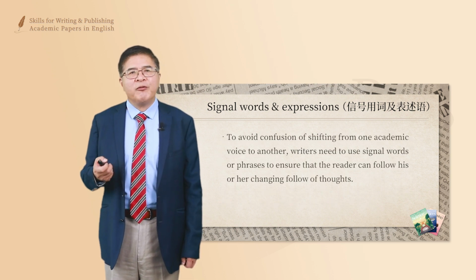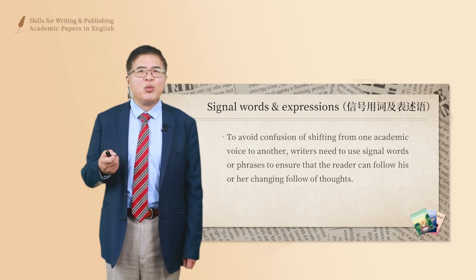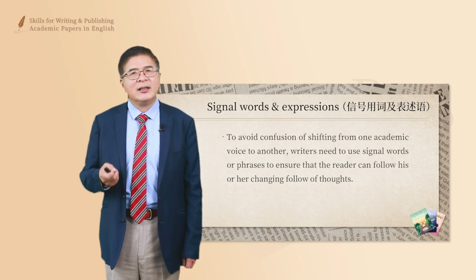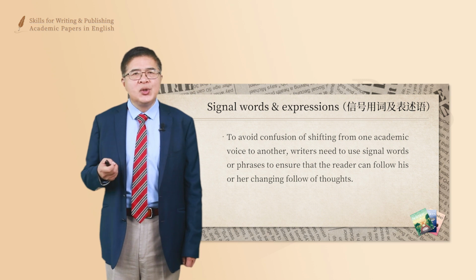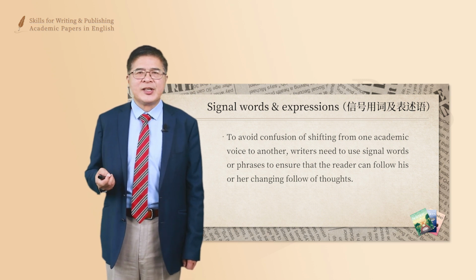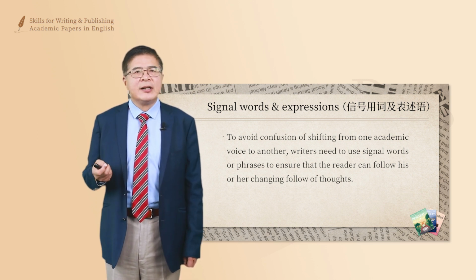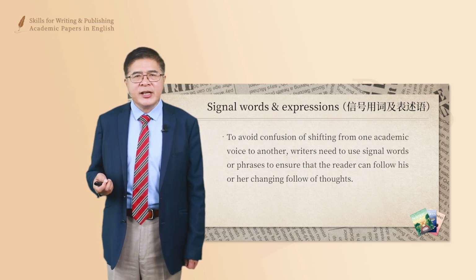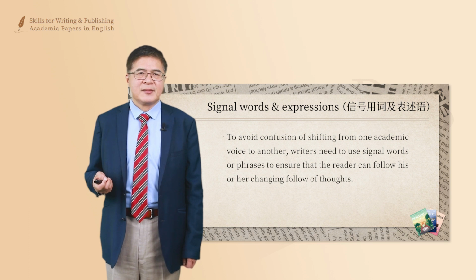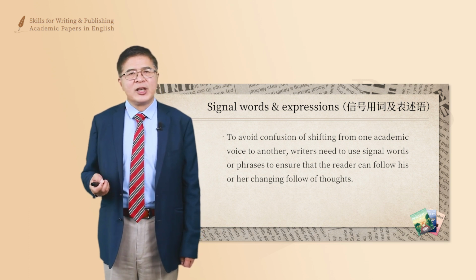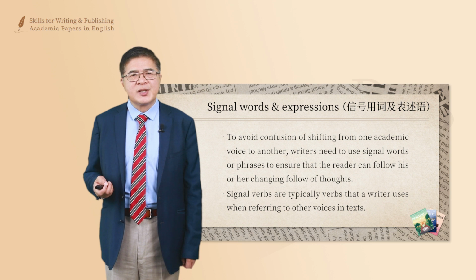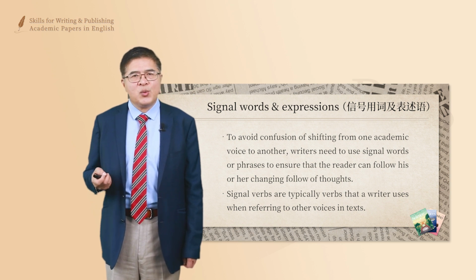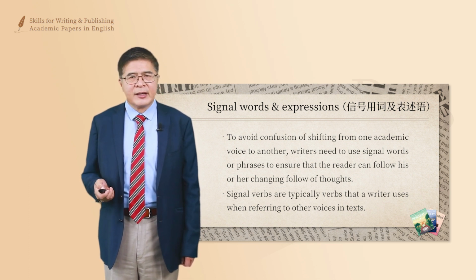And to avoid confusion of shifting from one academic voice to another, a writer needs to use signal words or phrases to ensure that the reader can follow his or her changing flow of thoughts. In such a way, signal words are typically verbs that a writer uses when referring to other voices or information in texts.